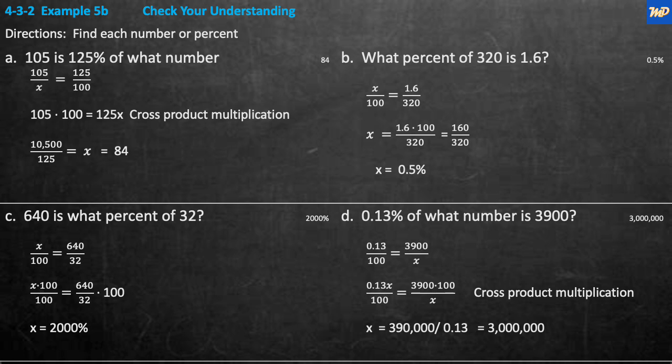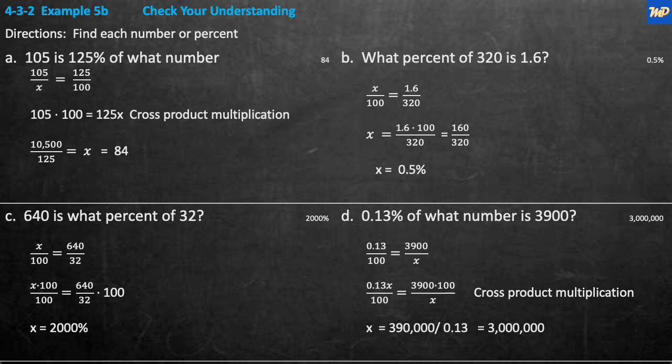So problem A, 105 is 125% of some number. So the some number is the whole number, right? 105 is some percentage of what we call the whole item, right? But since it's 125%, that means it's greater than the whole number. It's not 100%.